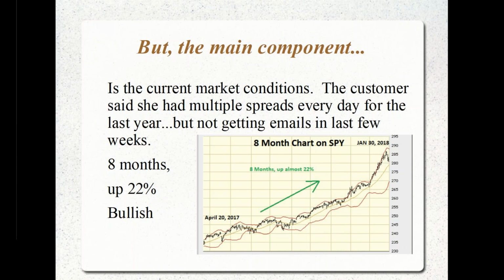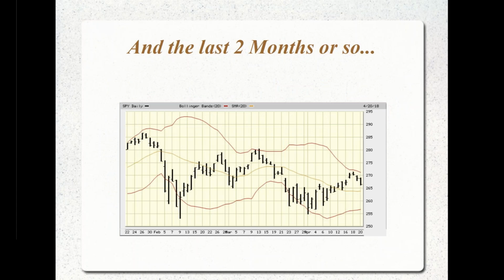That's a 22% gain in an 8-month period. So naturally, with little hiccups here and there, but not that many, this was a very conducive market for identifying bull put credit spreads, covered calls, naked puts, bull call debit spreads, of course, diagonal calendar spreads, just long calls, and even married put positions, right?